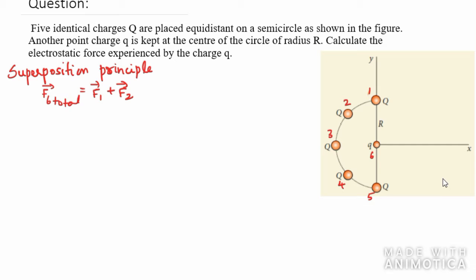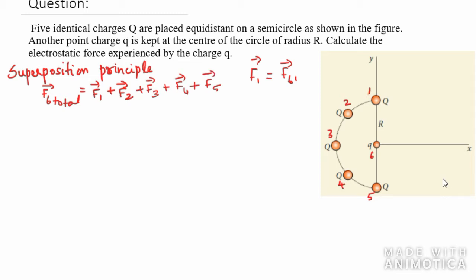Actually we can write F1 as F61, force on 6 by 1, but for the simple process I am just writing F1, F2, F3, F4 plus F5. Five charges are there.